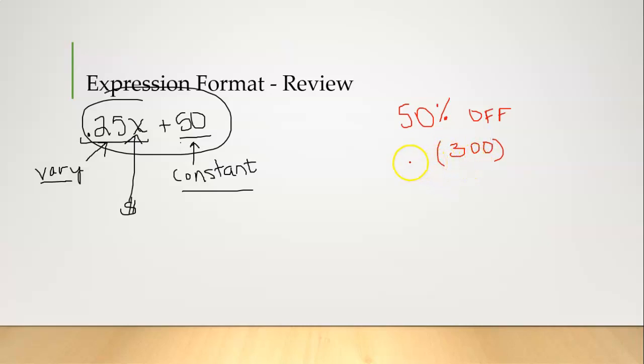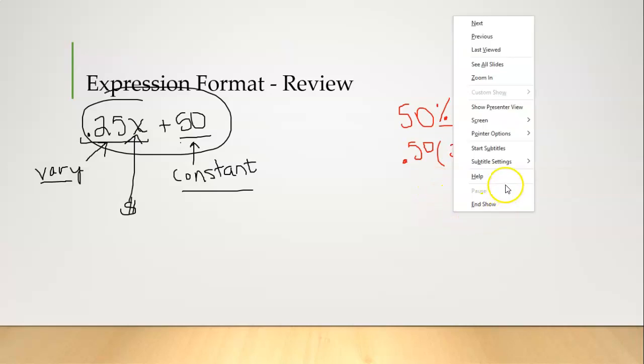Now we always want to multiply the value by a percent because there's no, what do you call it? I'm sorry, not a percent. There's no percent button on the calculator. So we want to always multiply by a decimal. I misspoke earlier. It's not a percent. You want to multiply by a decimal. So we want to turn the percent into a decimal. So I wrote 50% as 0.5.